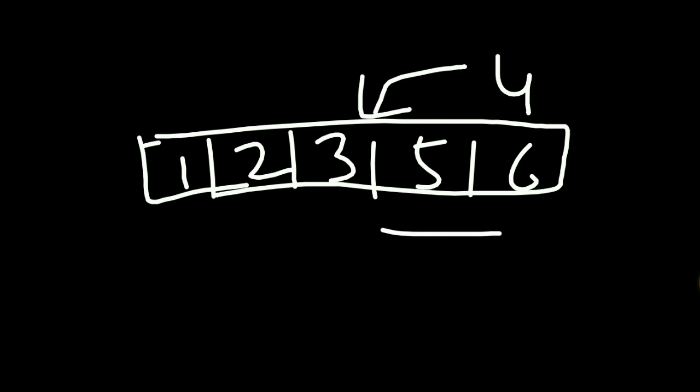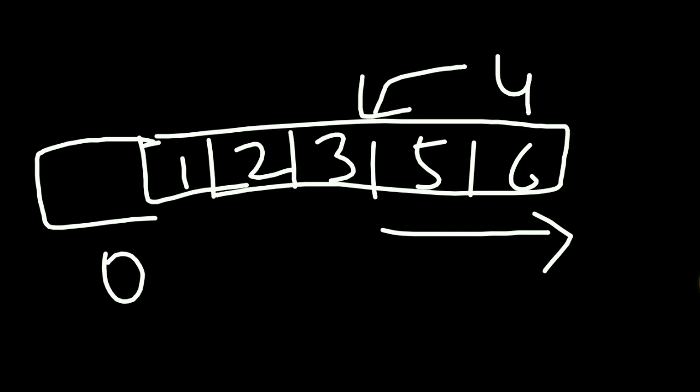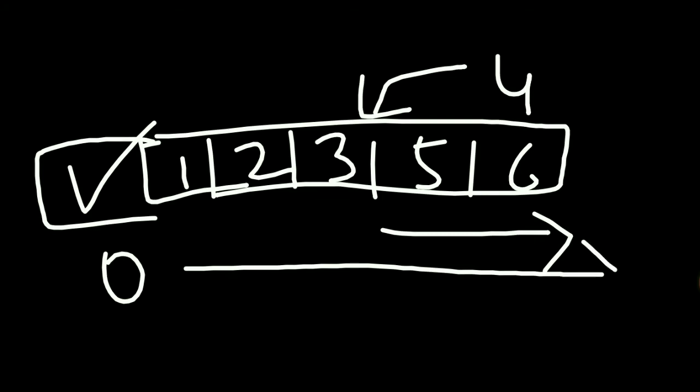You have to shift these elements one position afterwards. And if you want to insert an element at index 0, you have to shift all the elements one position afterward, and this process is slow because you have to shift all the elements.